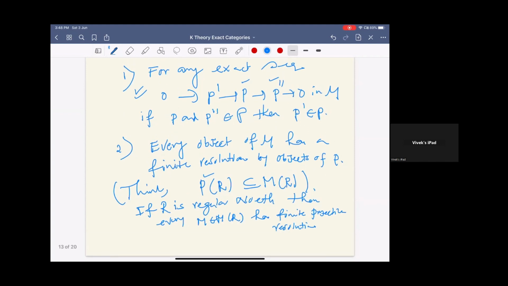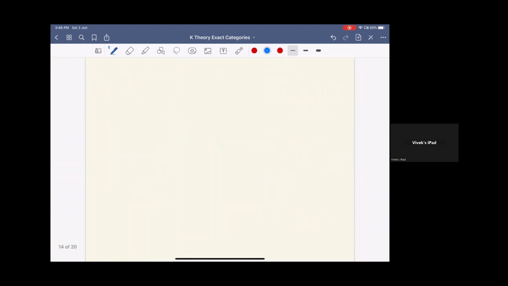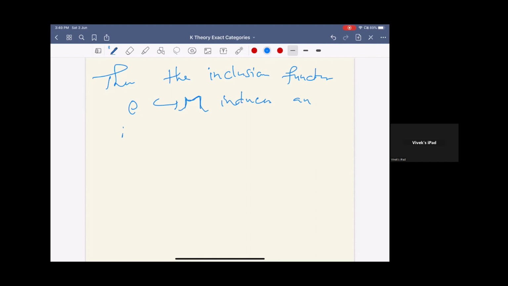Now this theorem says the following. The theorem says then the inclusion functor of rho into M induces an isomorphism K of rho isomorphic to K of M. So this is true for all higher K groups also, but today I only discuss the K0 part.